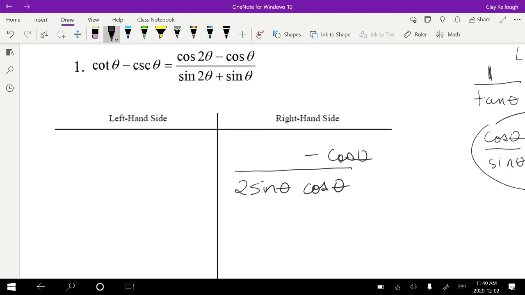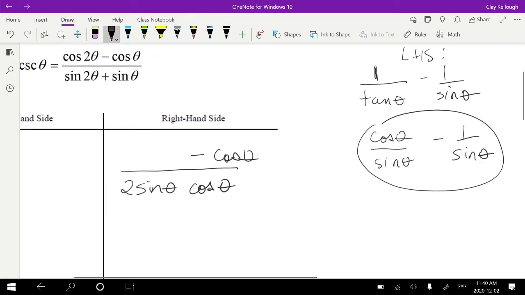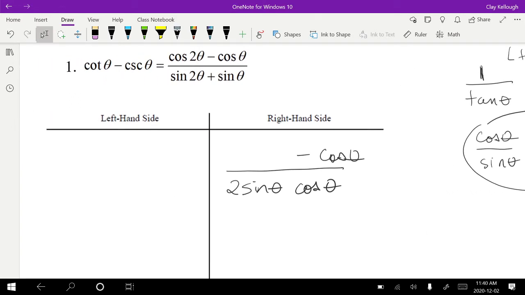All right, I'm thinking ahead, and here's what I'm thinking. Notice these 2 denominators have to be sine. And by the way, I've realized I've forgotten to finish this. This part was right here, plus sine theta. There we go. What I need to do is get rid of this cos. I also need to get rid of this 2.